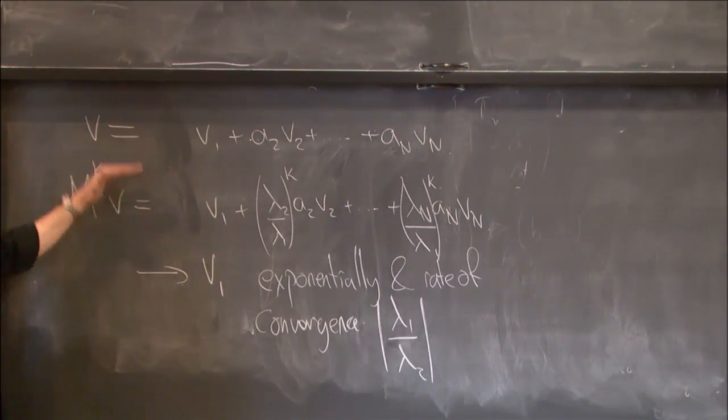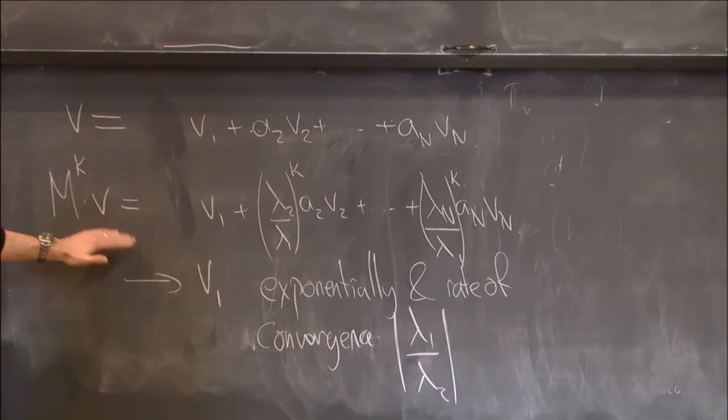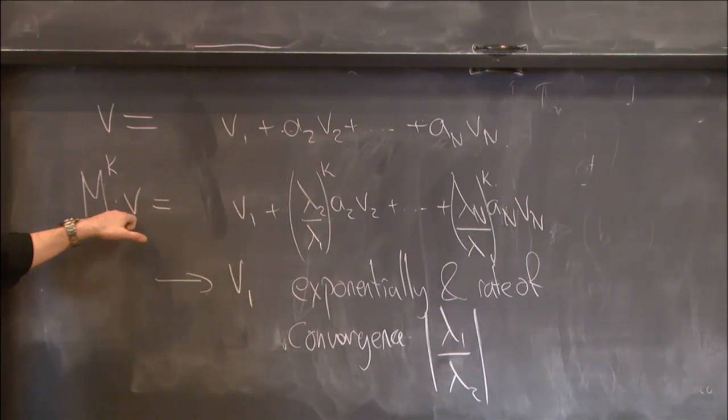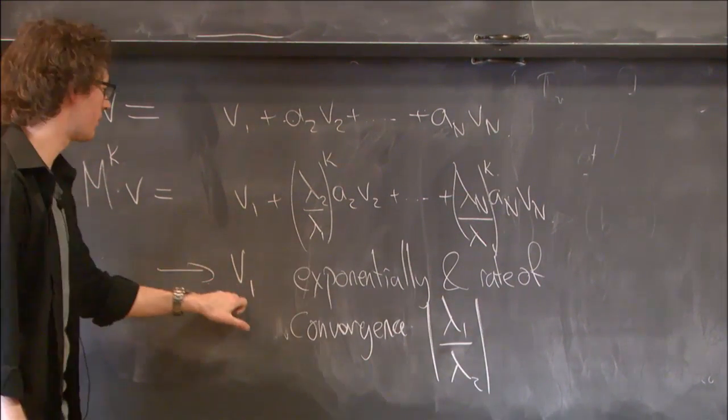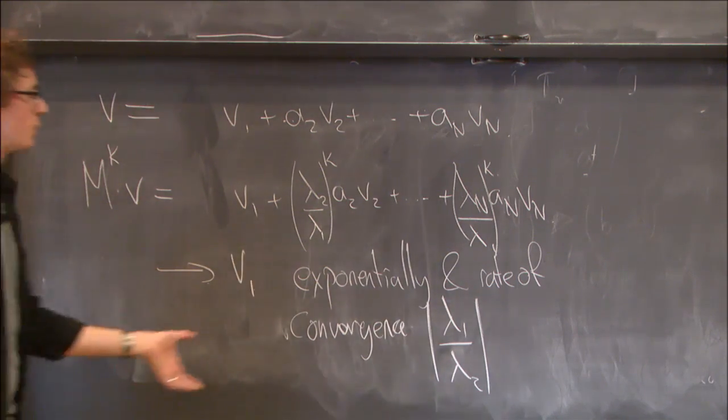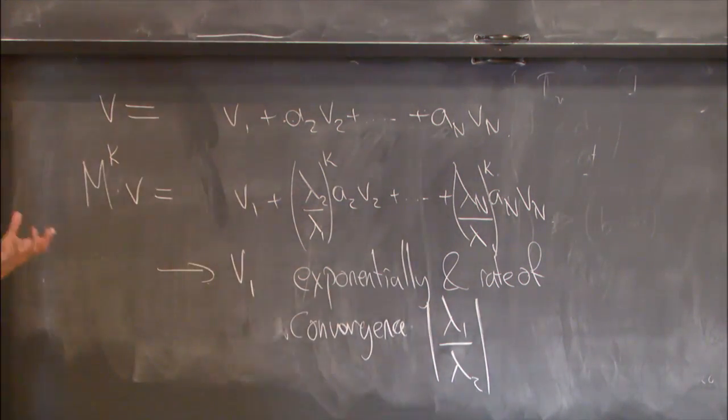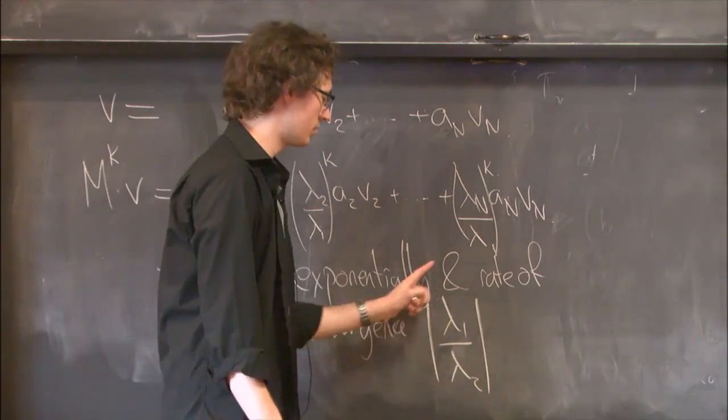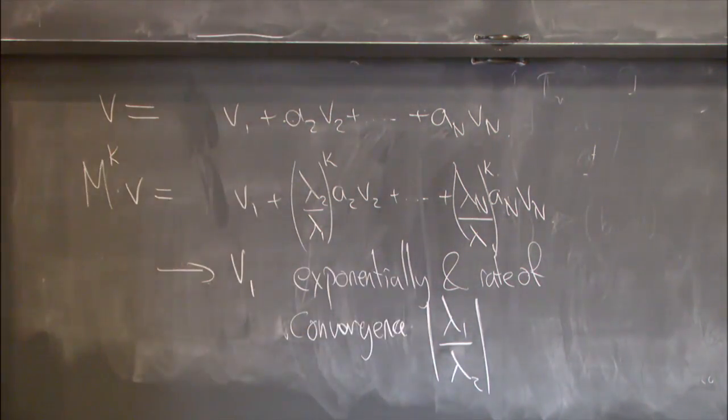So with this process, we get that under iteration, these vectors converge to the vector v1. And we also get good control over exactly how quickly they do it. They're converging exponentially, and the base of the exponent is this rate here, lambda 1 divided by lambda 2.